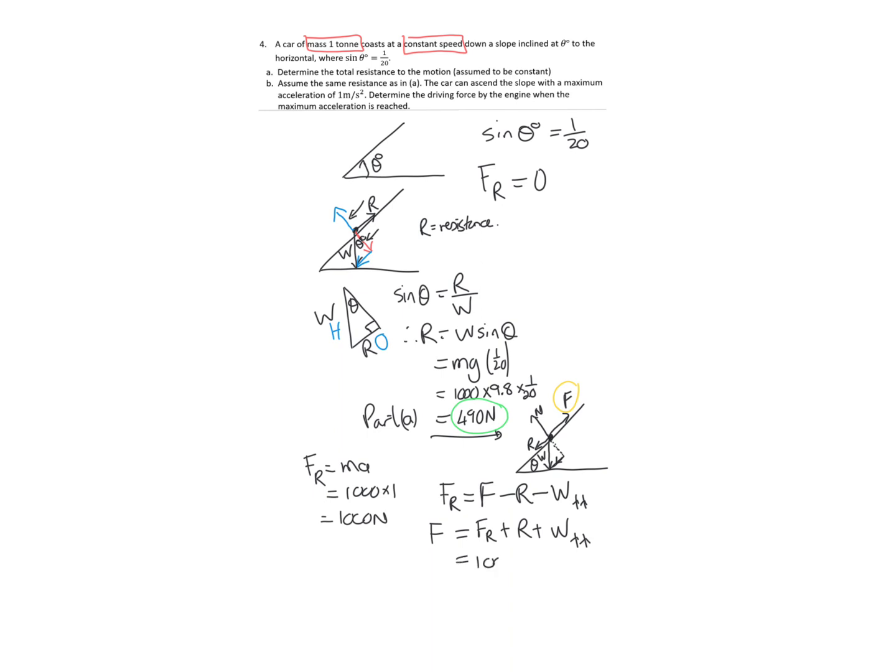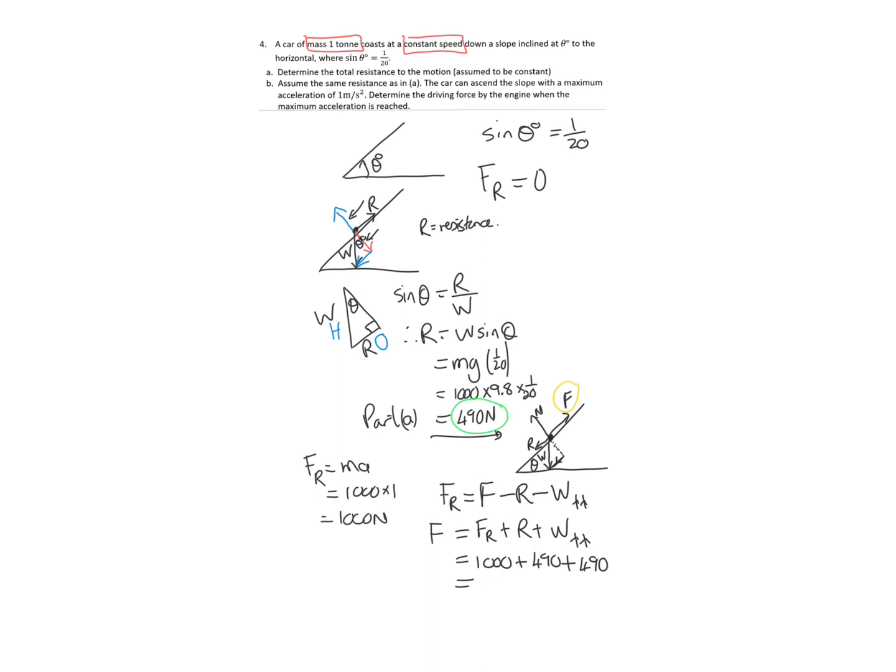We've worked out F resultant, that's 1000 newtons. The resistance from A is 490 newtons. And the piece that's parallel to the plane, that's a piece of the weight, that is still 490 newtons as well. Because in part A, it's the same as resistance, they just worked in opposite directions.